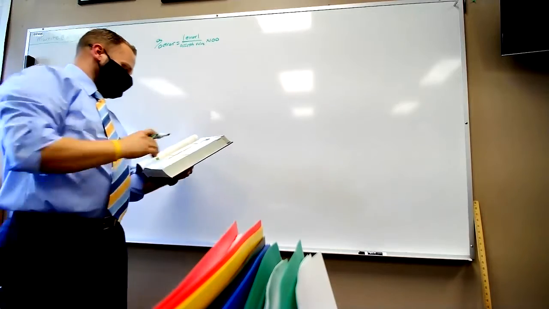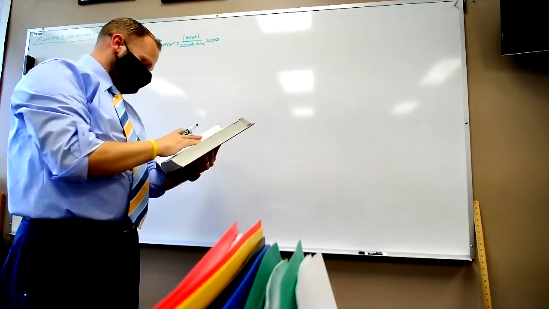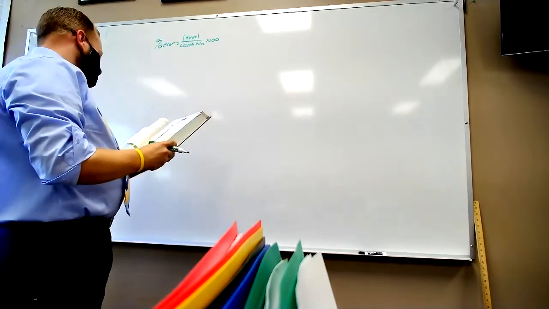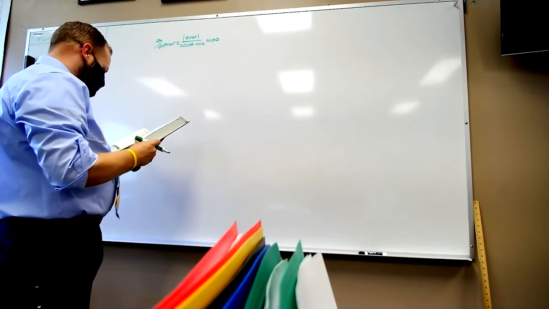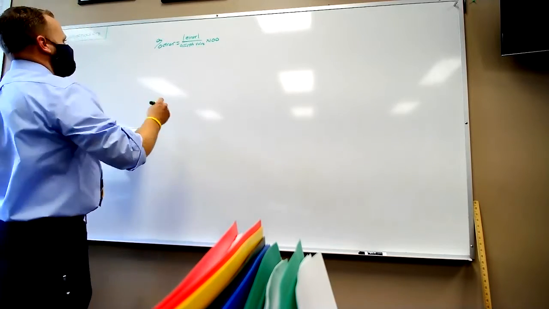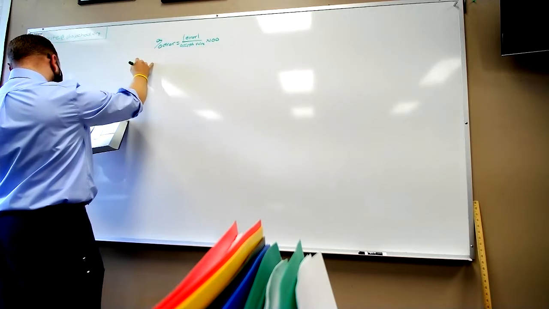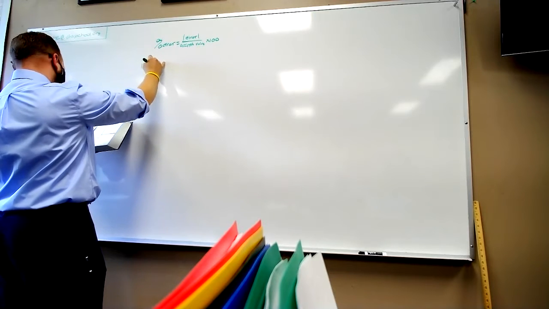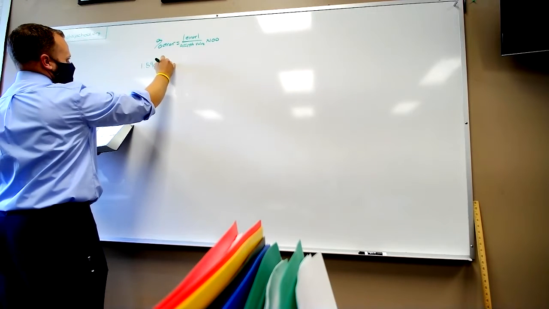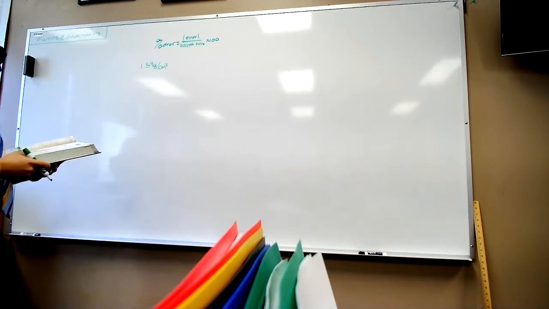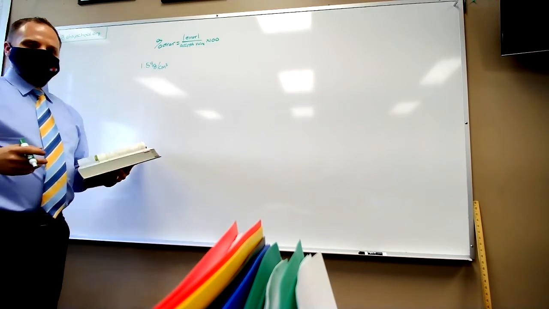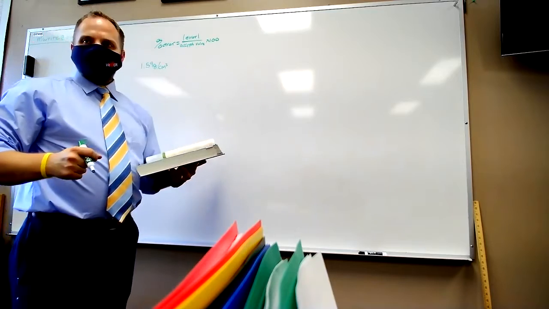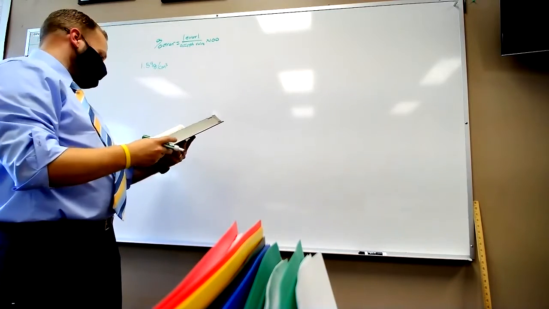Okay. So if we look at this data, our accepted value is 1.59 grams per cubic centimeter. Okay. Now this is nice because in their table, they do the math for you and give you the errors.